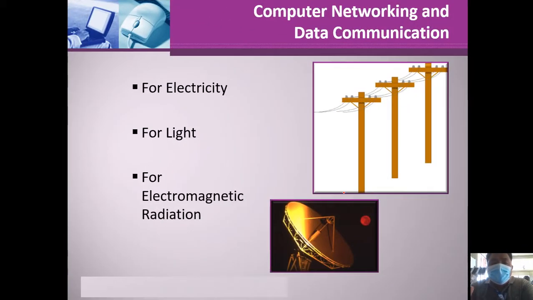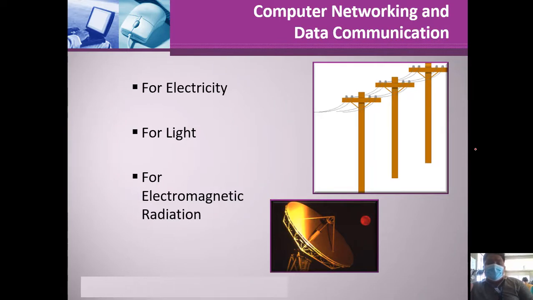And then, of course, in order to have an internet connection, we need to have electricity. Then, for light and for electromagnetic radiation. So maybe you are confused with this one. This is for light, because why do we need an internet connection for light?